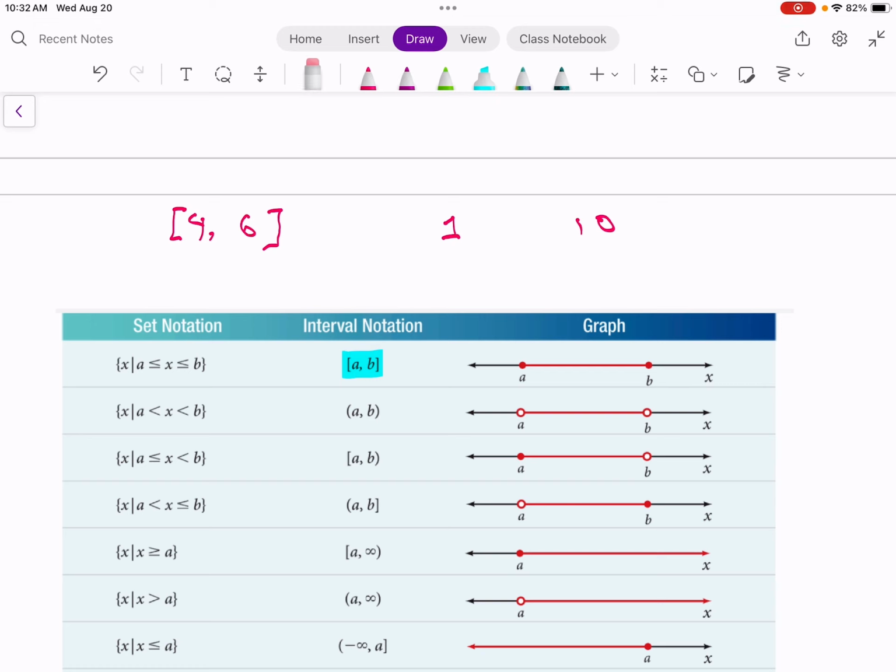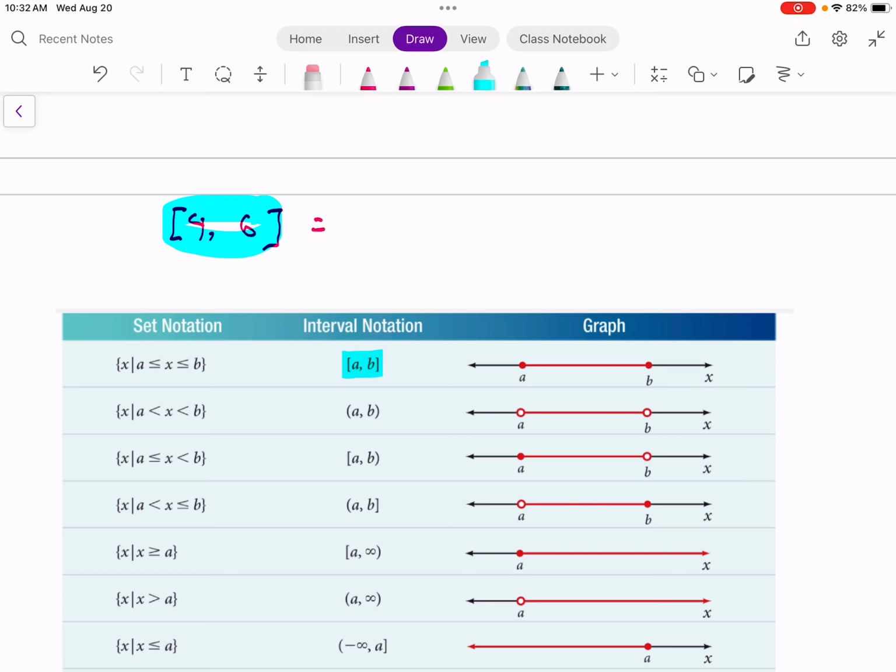Now let me start with set notation. So this is a set of numbers. It has an infinite number of elements which are greater than or equal to 4 and less than or equal to 6.